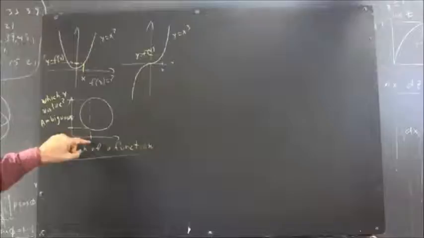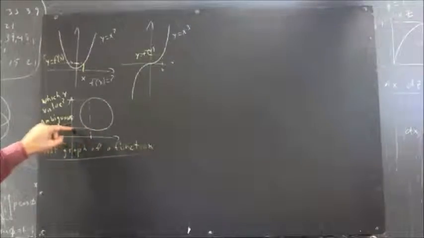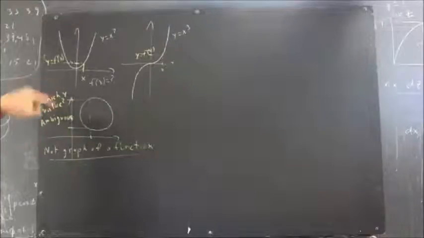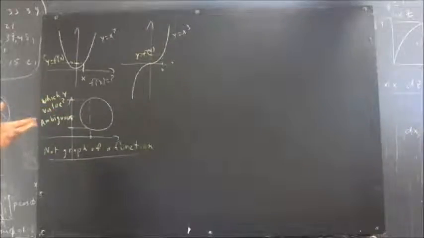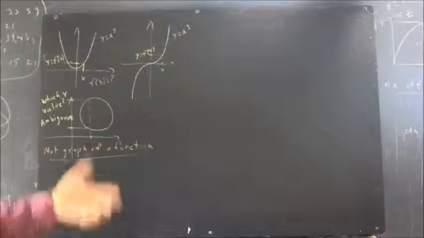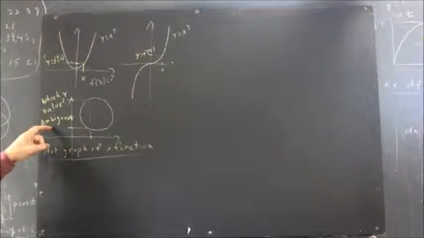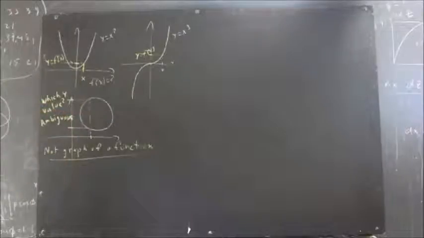Okay? If x is this, then you get a y here, but you also get a y here. And then the question is, which y value are you going to choose? Which y value is the value of the purported function? Well, since the answer is ambiguous, this is not a graph of a function.